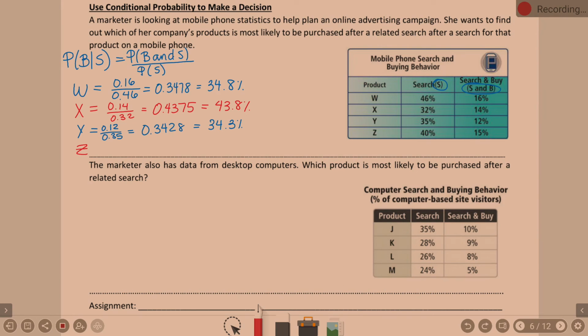And product Z. Search and buy is 15% divided by 40%. I don't think I had to round this one. This was probably exact.